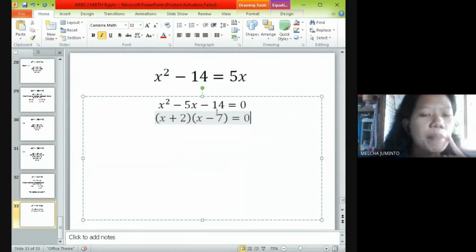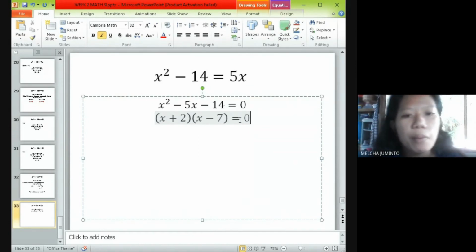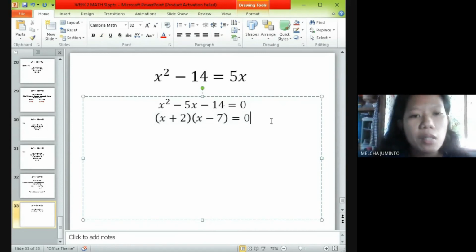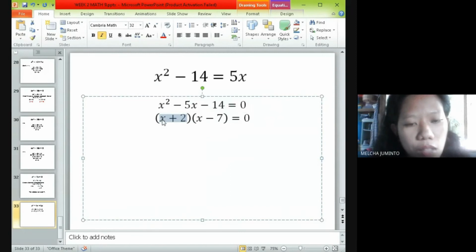So, next step, we apply the zero product property. Pag sinabi zero product property, you need to get the two factors.